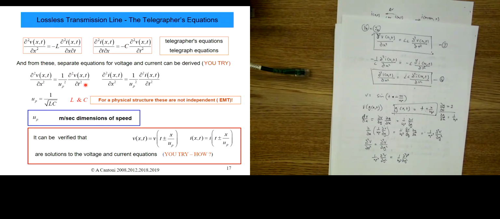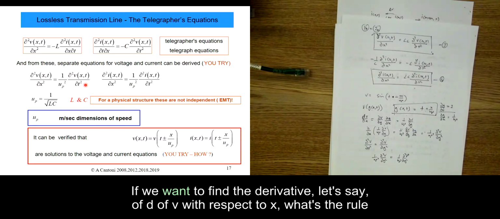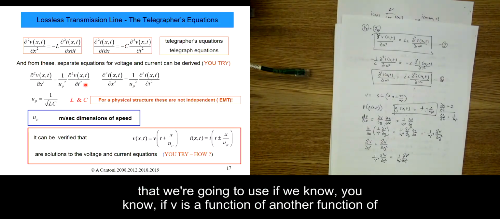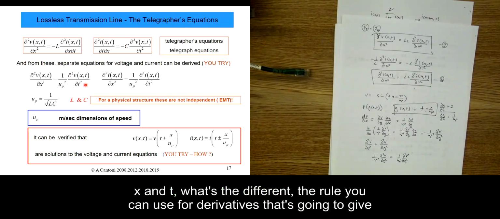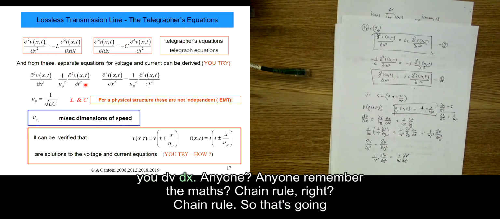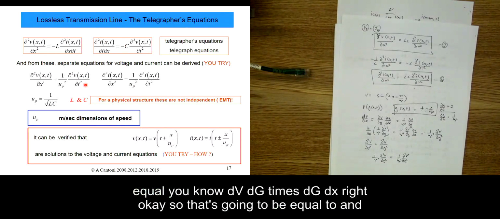If we want to find the derivative of v with respect to x, what's the rule that we're going to use? If v is a function of another function of x and t, what's the rule for derivatives that's going to give you dv dx? Anyone remember the maths? Chain rule, right? Chain rule.